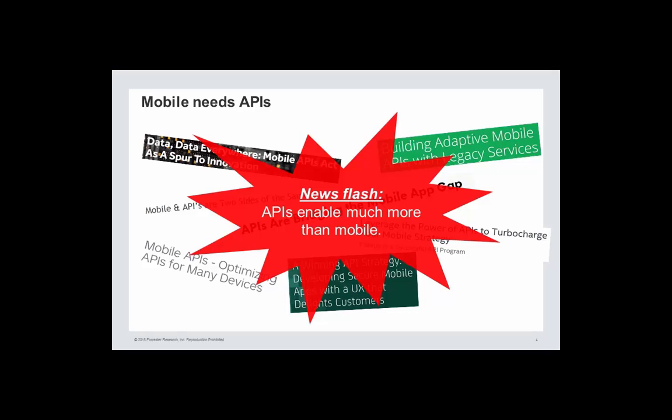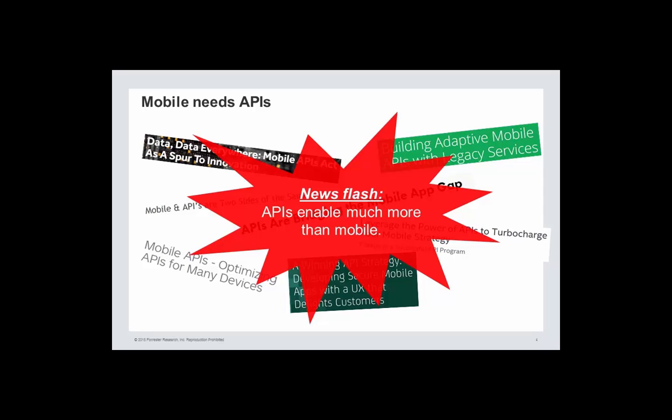We've got to do APIs because we're doing mobile, and there are all sorts of industry headlines saying that APIs are for mobile. Well, they're great, but APIs enable much more than mobile, and that's a critical thing to understand as you consider how you might design your APIs.